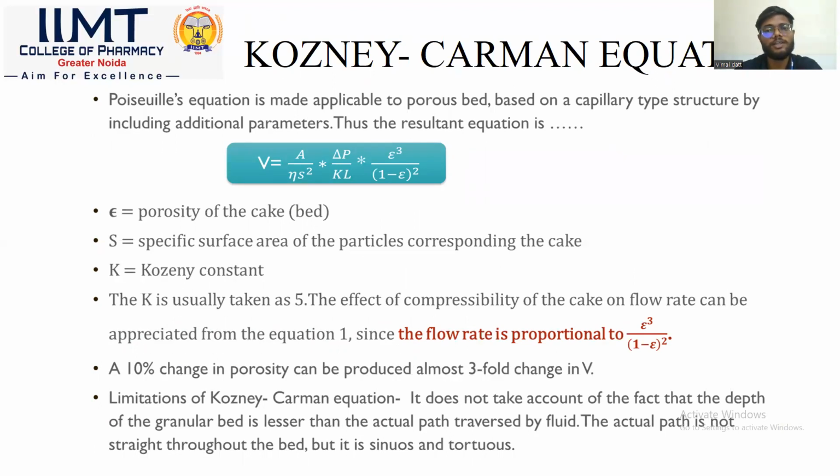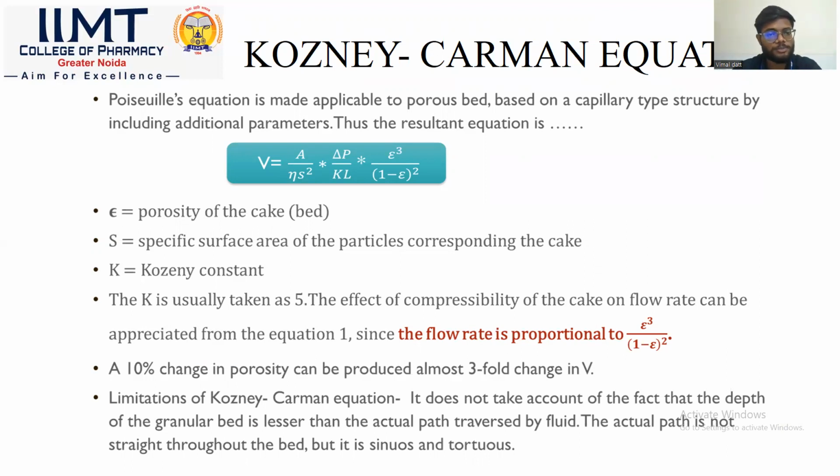Thus, the resultant equation is V is equal to A divided by eta S squared into delta P divided by K into epsilon cubed divided by (1 minus epsilon) squared, in which epsilon is the porosity of the cake, that is the filter bed.